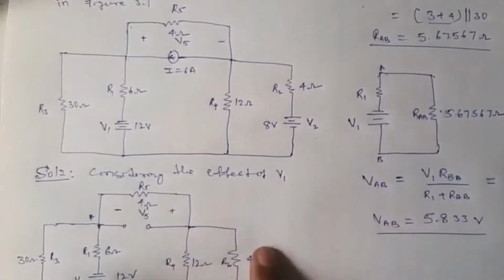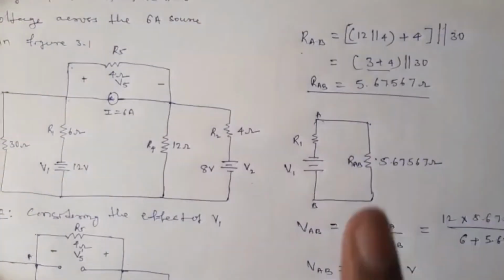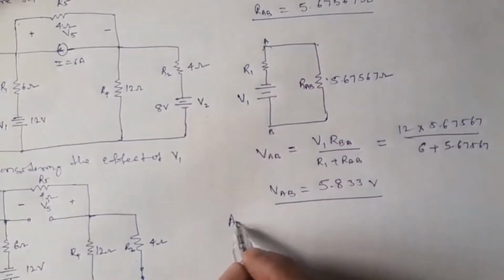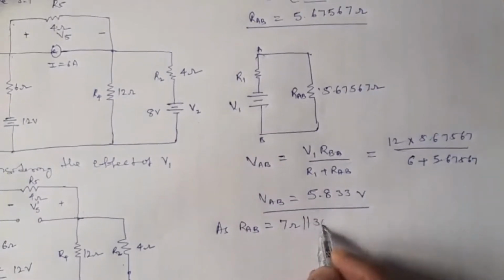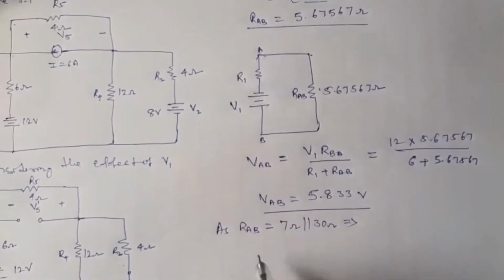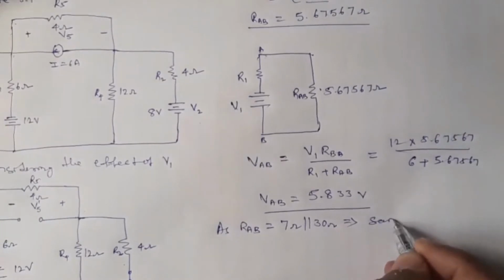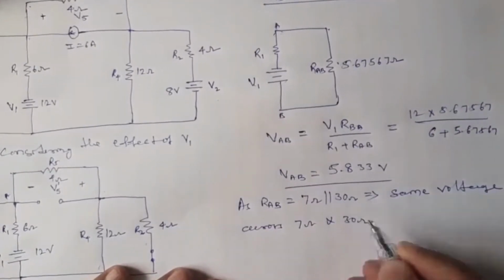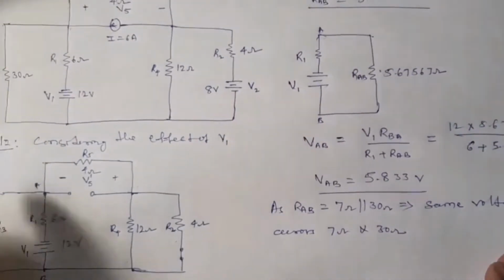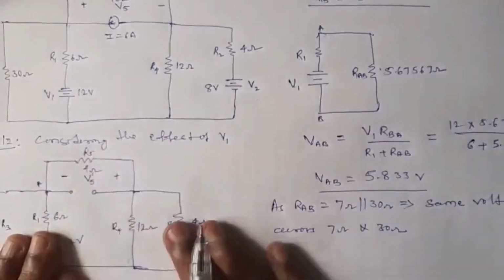I'll write here RAB as 7 ohm parallel with 30 ohm. This implies there will be the same voltage across 7 ohm and 30 ohm, because in parallel there is the same voltage.